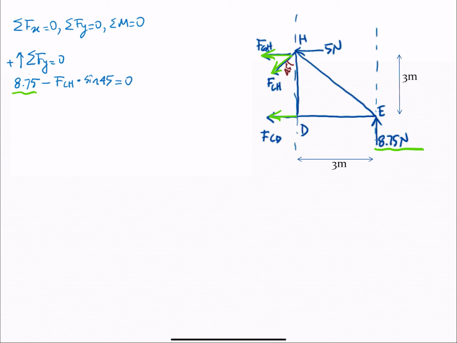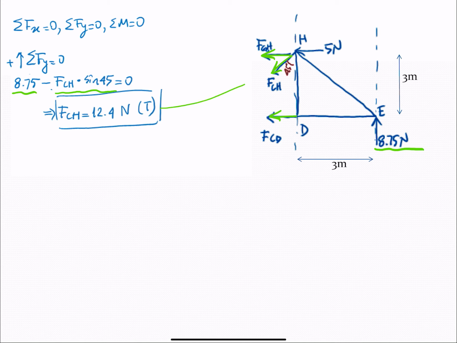I see a negative component of FCH, so FCH sine of 45 negative, and there are no more forces, so equal to 0. One equation, one unknown, I can find FCH directly, 12.4. It's positive, so the sense we assumed for this force is correct. It's going to be a tension force.